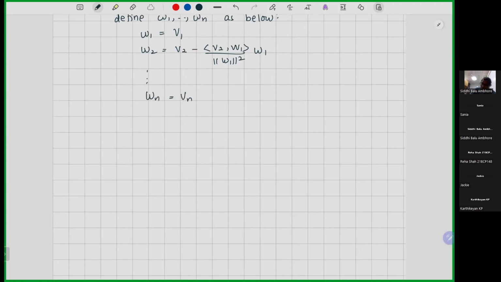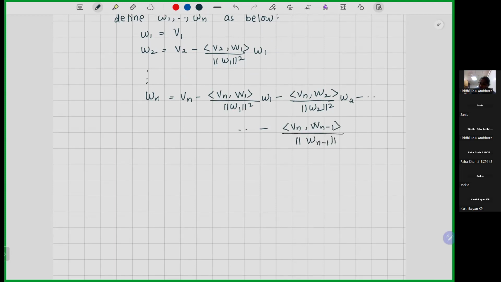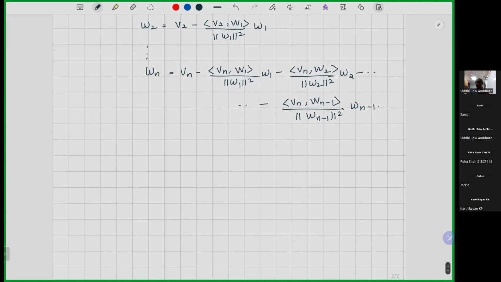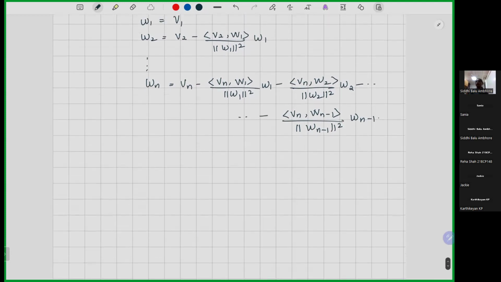Wn is Vn minus the inner product of Vn with W1 by norm W1 squared times W1, minus the inner product of Vn with W2, and so on up to the inner product of Vn with Wn-1 by norm of Wn-1 squared times Wn-1.